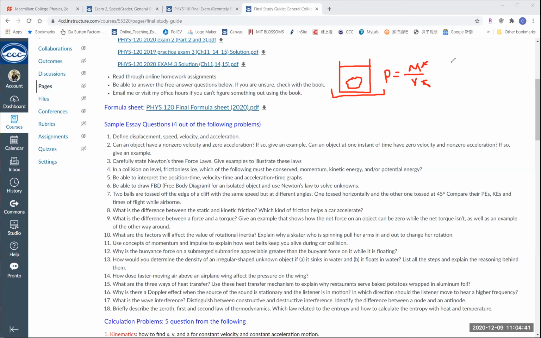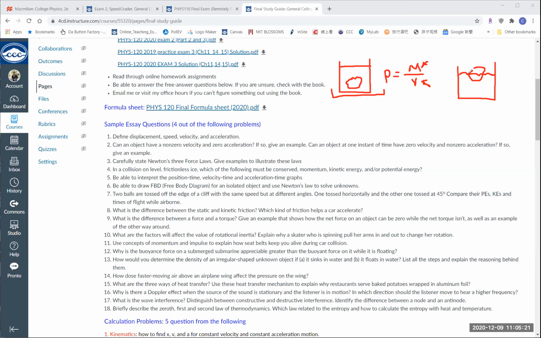If the thing floats, then how do you make the prediction? If you remember, go back to one of the problems in practice exam 3 that we gave you, one of the multiple choice questions asking about this.